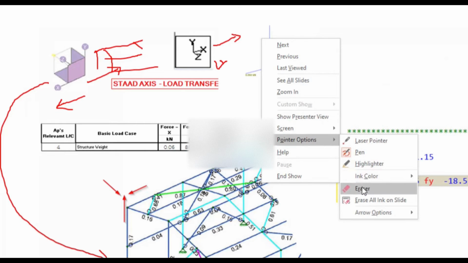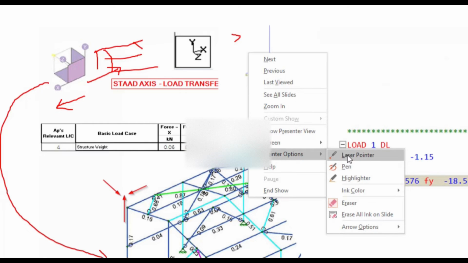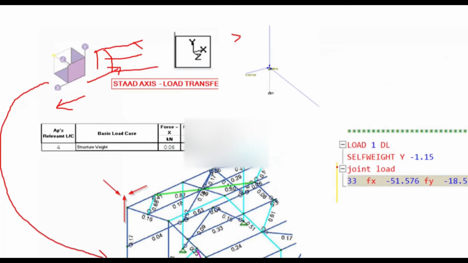The vendor has this axis, and in our Staad, it is something like this, right? So ultimately, whatever reaction you receive from the vendor, you need to make sure that the similar reaction is converted effectively in your Staad model, right? So let's understand this. In case of the vendor part, 88.20 is the vertical reaction. 0.06 is in X direction.